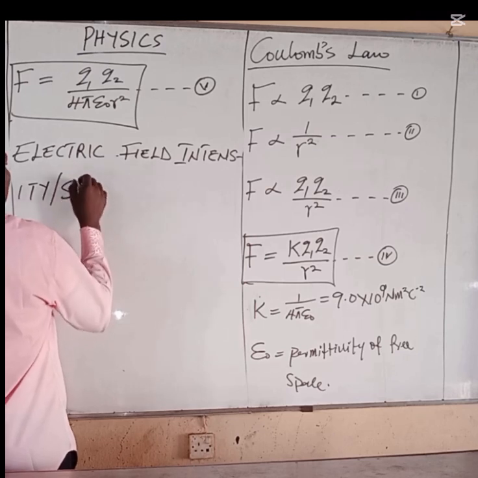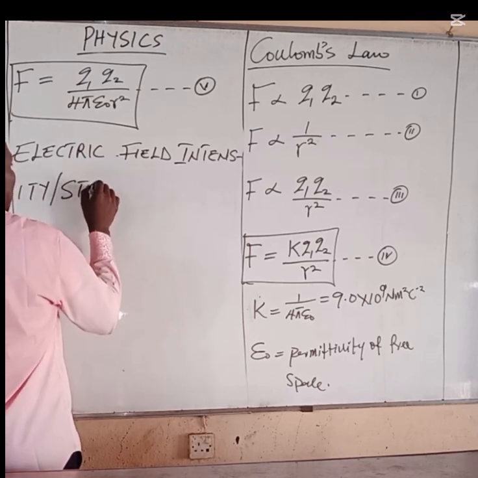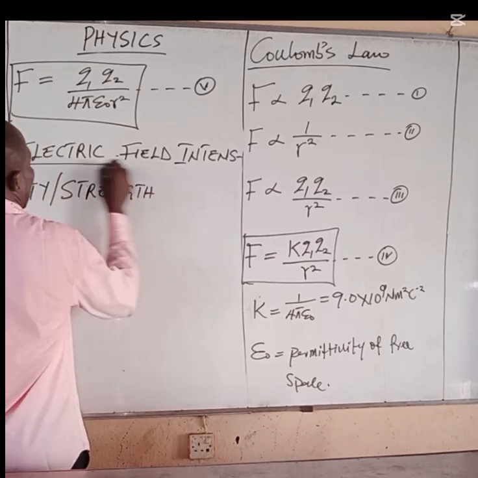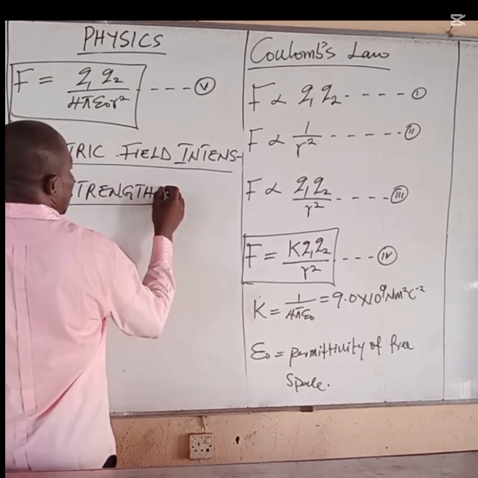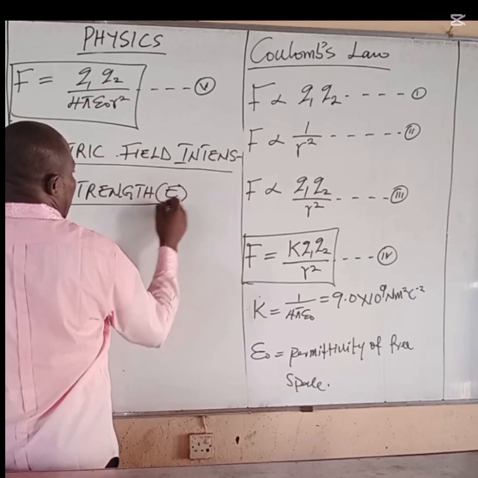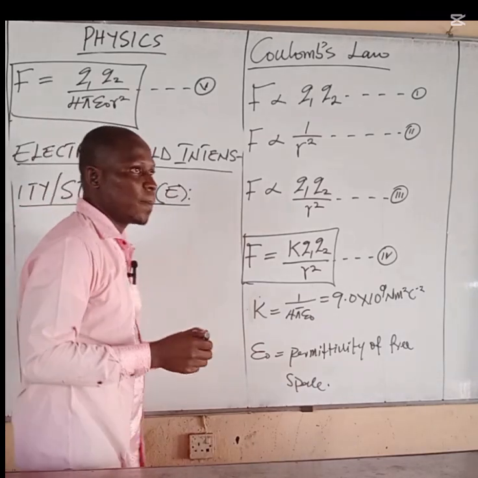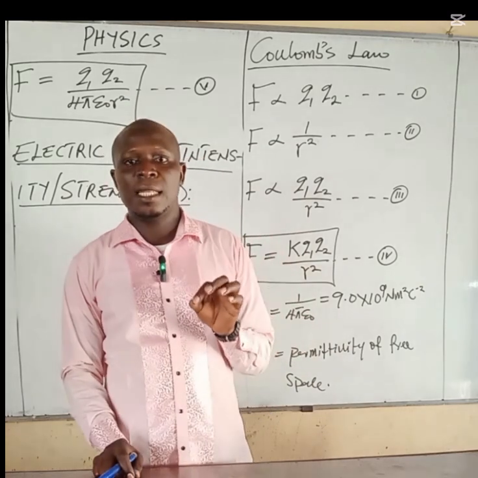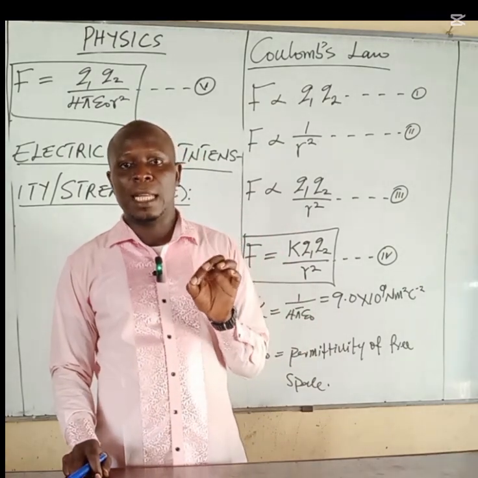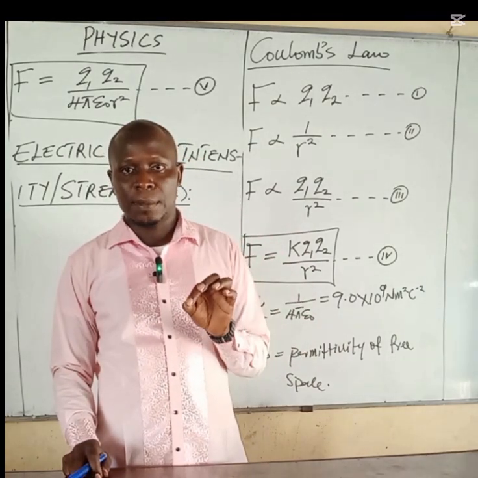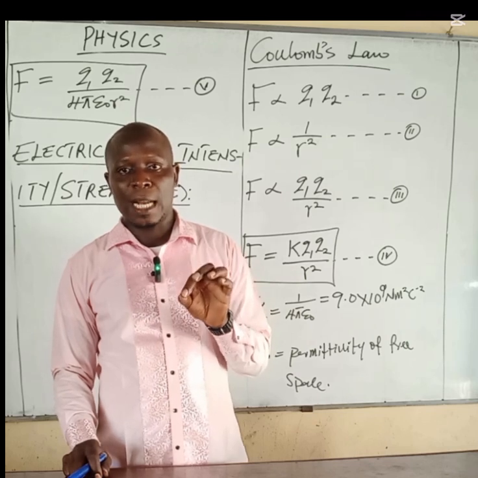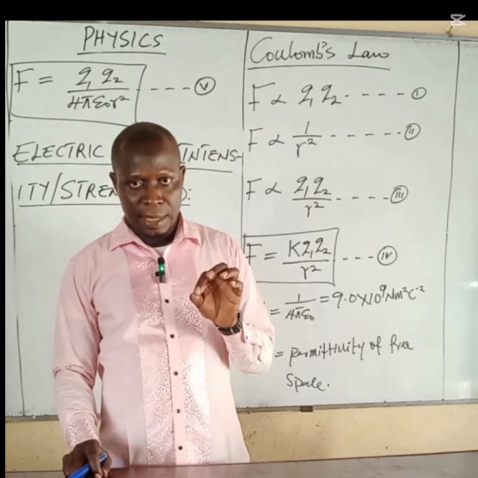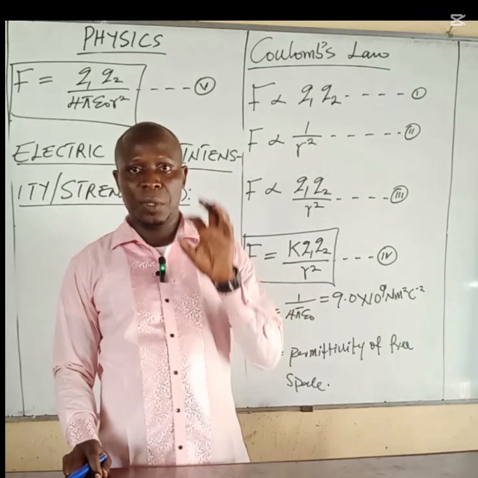We use E to represent electric field intensity. Now, what is electric field intensity? Electric field intensity is the force per unit charge at a particular point. The force per unit charge at a point is defined as electric field intensity or electric field strength.